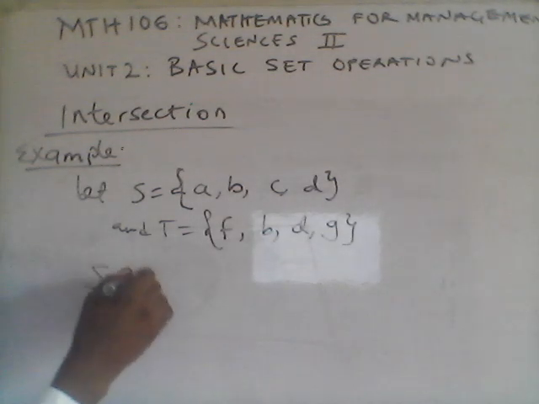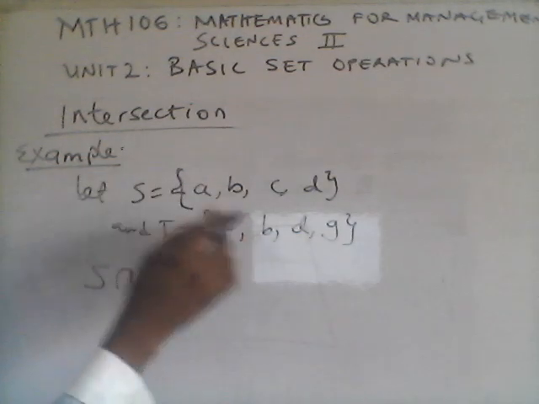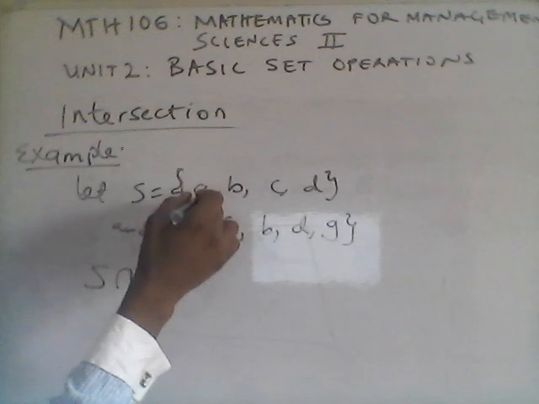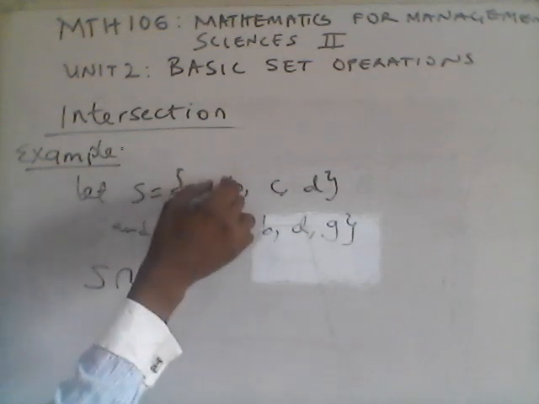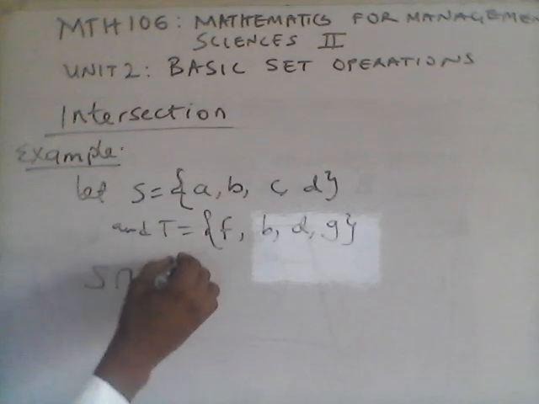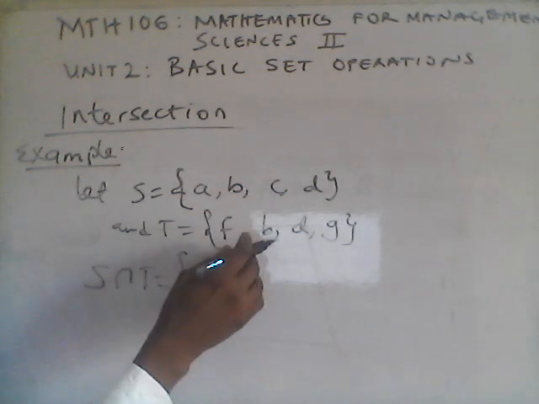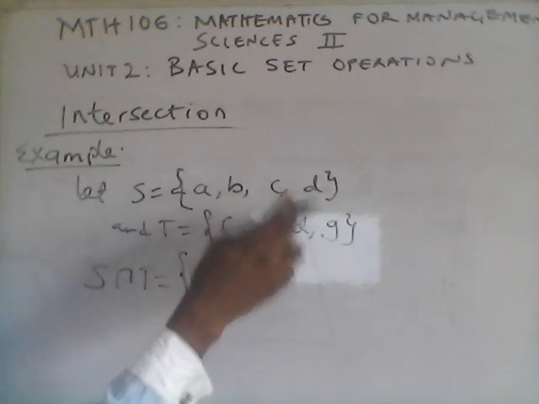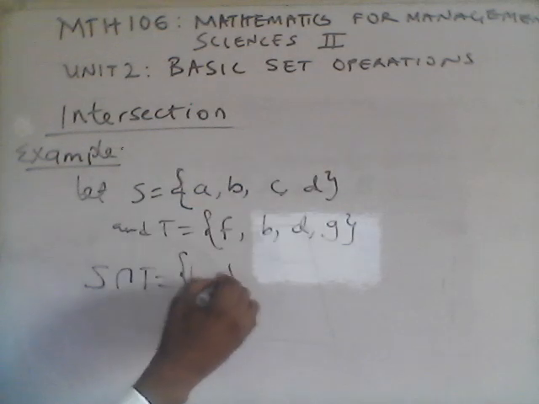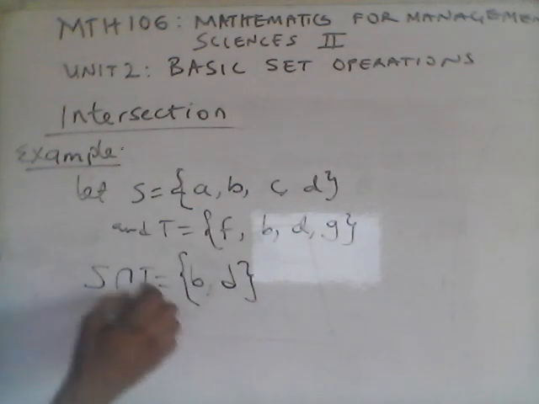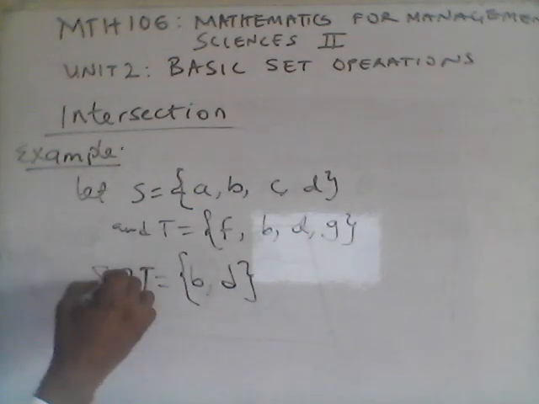S intersect T will be whatever is here that is here. I don't have A here. I have B, I have B here. So the first element here is B. There's no C here. There's a D. So there are two elements in this intersection set.